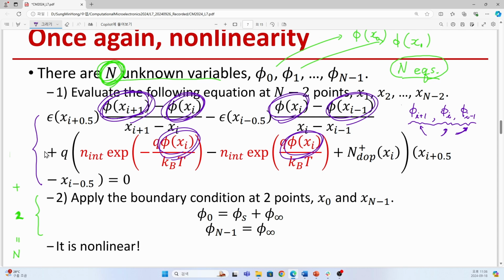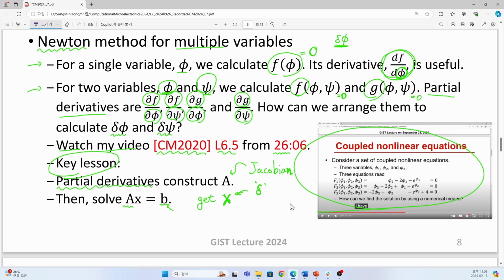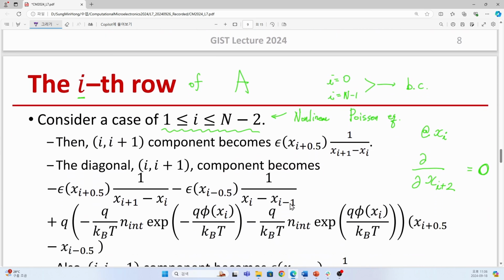However, in our treatment, we will just apply the simplest one. That's the reason why we don't have any dependencies on the second nearest neighbor or even further points far away from x sub i.